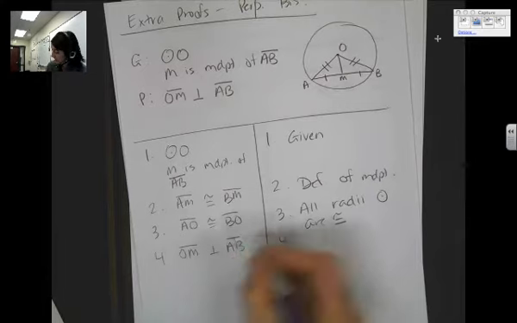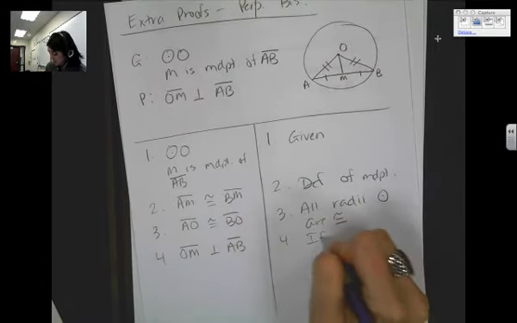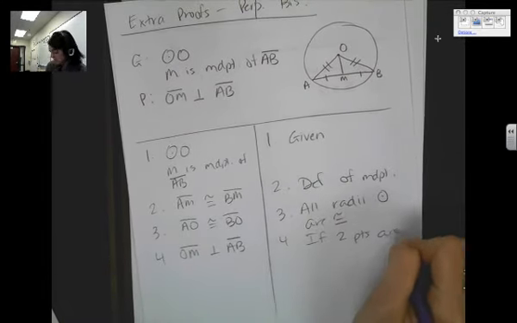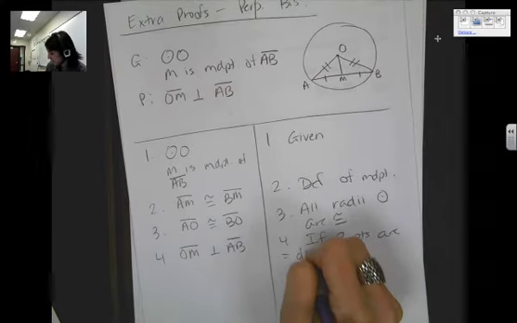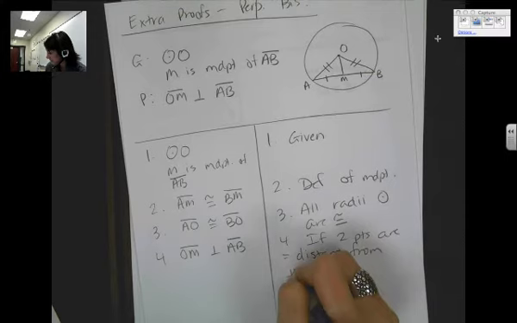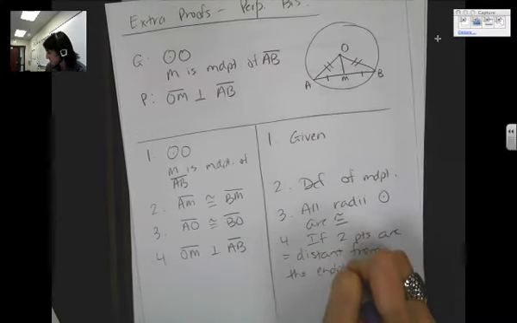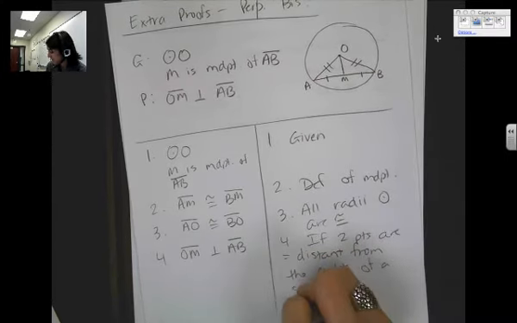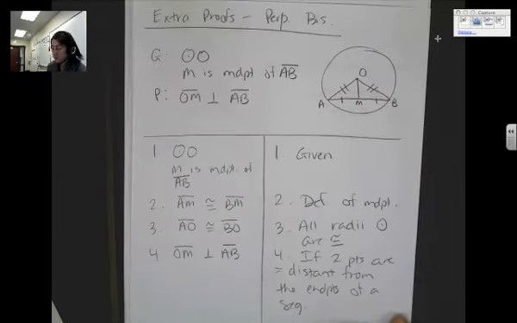So the theorem that works for this is that if 2 points are equidistant from the endpoints of a segment, which they are, right?